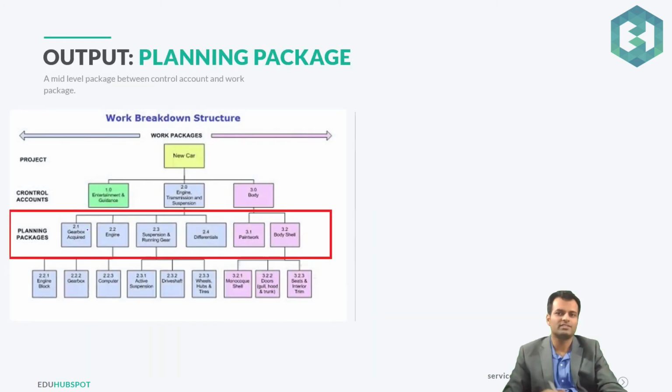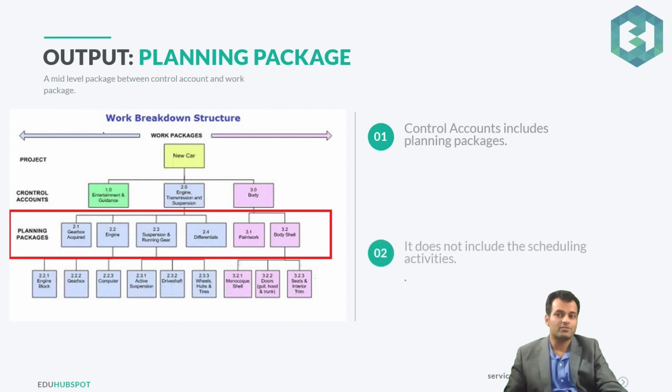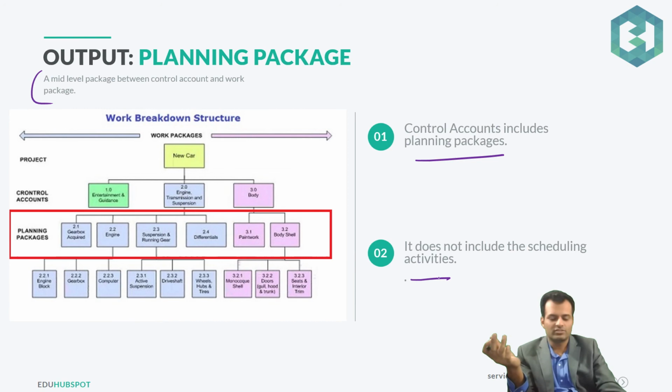Okay, then we also discussed the planning package, which I could say is the mid-level package between the control account and the work package. So the control account includes the planning packages. It does not include the scheduling activities. So what is this planning package? Sometimes your customer is confused. They don't really know what they really want.